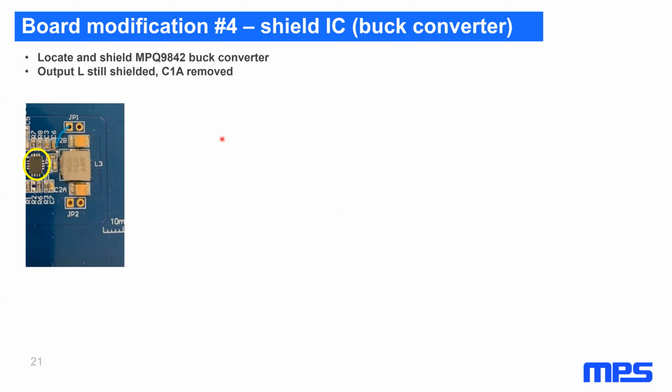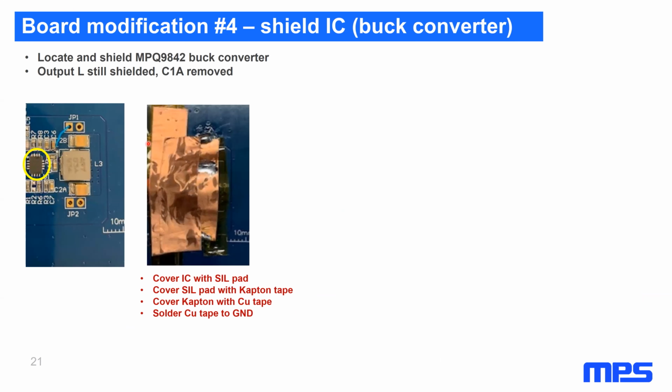So then the last modification I made was to take a look at the impact of the IC and how much noise this IC was actually contributing to the overall noise performance. In order to do this, I did a similar thing.